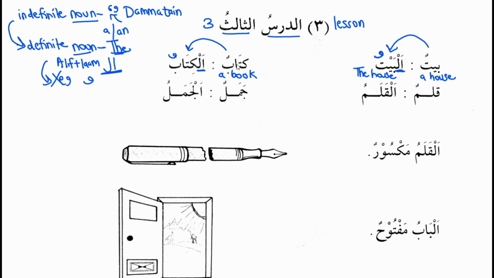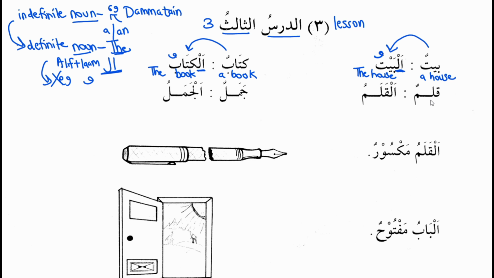So this kitabun will become al kitabu, meaning the book. So here we are talking about a specific book, not any general book. Kitabun, a book, al kitabu, the book.